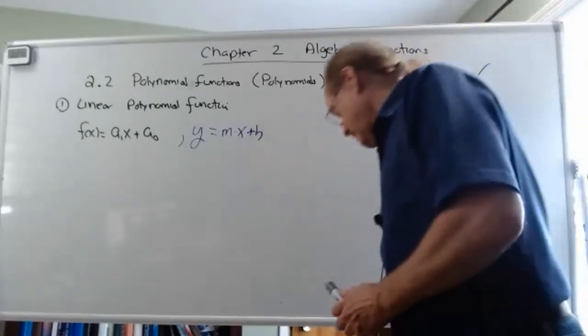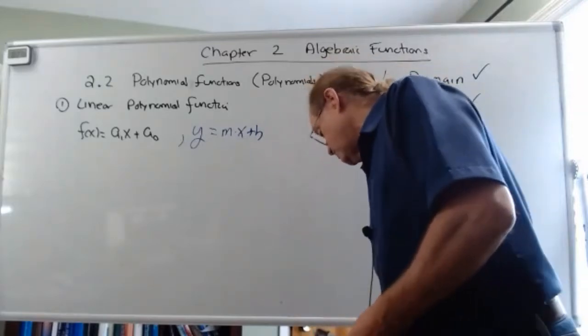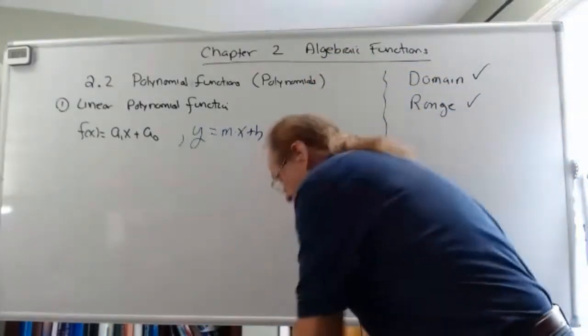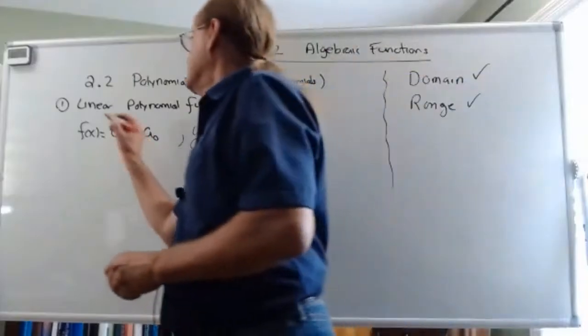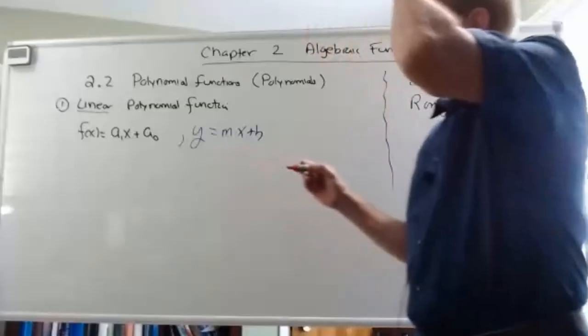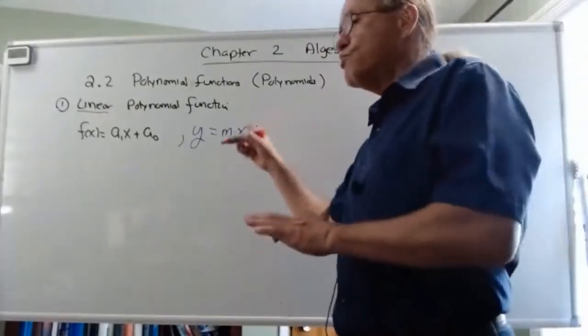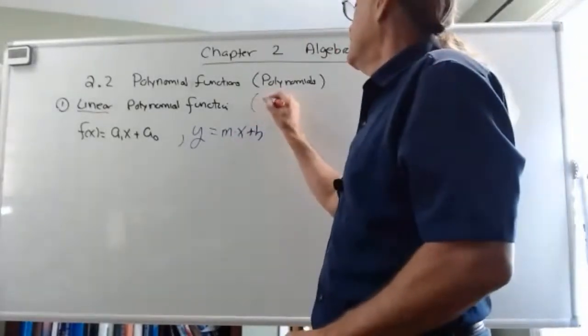Now, I want to make mention over here, for those that do go on, we're calling these linear polynomial functions. That's actually a lie. The correct name is really what we call affine functions.